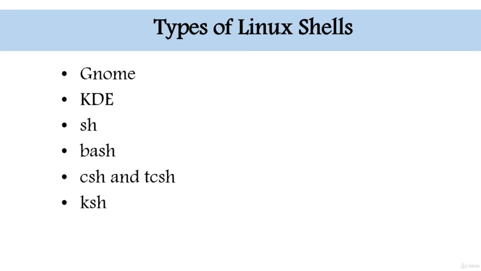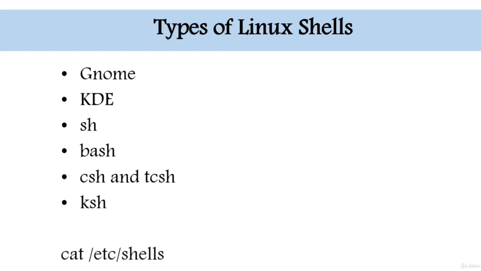Korn shell improves on the Bourne shell by adding floating point arithmetic, job control, and so many other things. I don't want to confuse you right now. In the Unix environment, most of the time Korn shell is used in Solaris, whereas in the Linux environment, most of the time a bash shell is used.